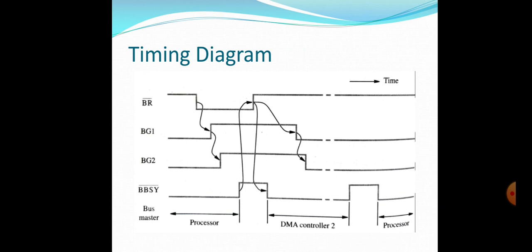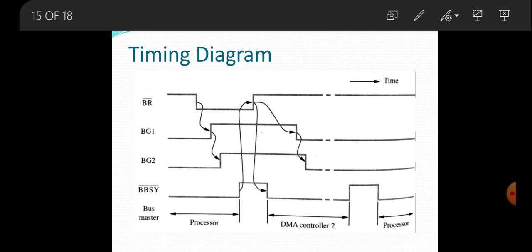This is the timing diagram corresponding to this centralized arbitration process. Here you can see that this process is initiated by issuing a bus request signal. It is an active low signal, so the signal is like this.